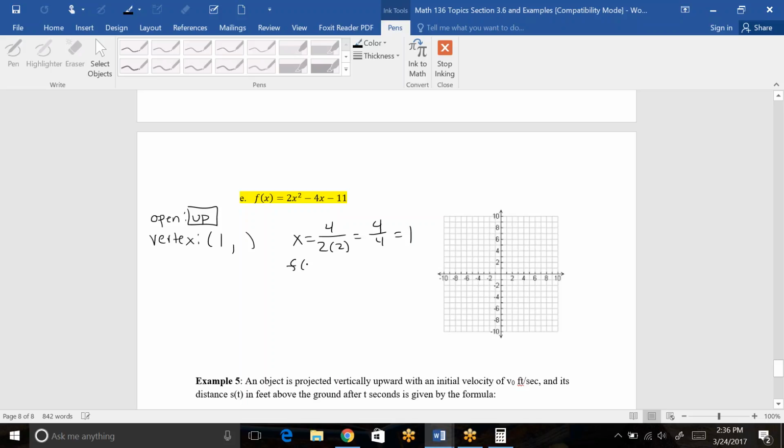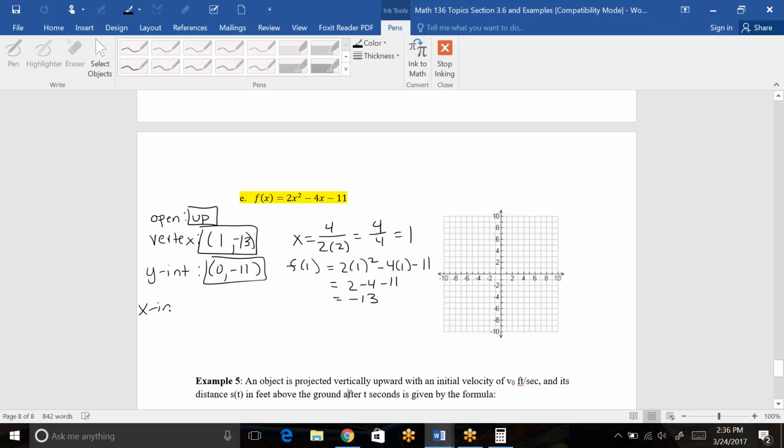Then we plug that in to find our y part of that. That is 2 minus 4 minus 11. It's going to be -13, so a little bit below my graph, but we can make that work. So it's 1, -13. Our y-intercept, if you're getting the pattern now, is just the number at the end, so it's going to be 0, -11.